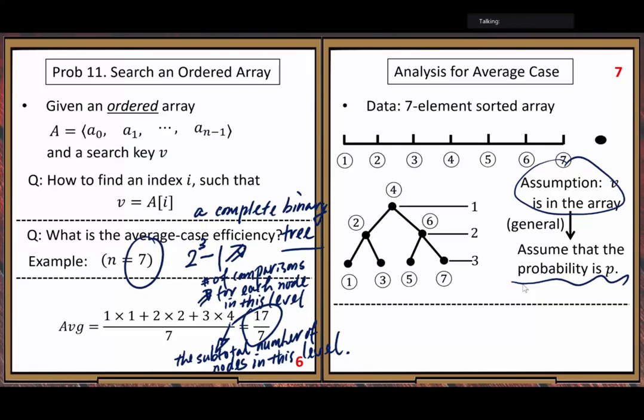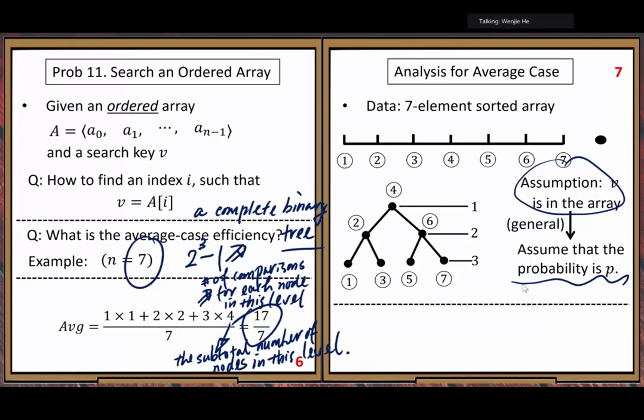Because here we want to count the number of comparisons, they feel the answer should be an integer, because the number of comparisons should be an integer. Then after they get the answer, they round it to the closest integer. Many students did it that way. Here I want to say it's wrong.